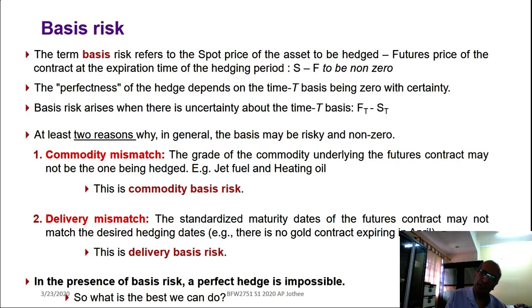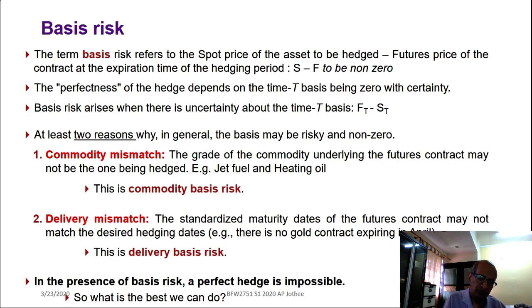Certainly, this is a commodity mismatch, like what I told you just now, using silver futures to buy and sell gold. Or sometimes for corn, you use wheat futures. That will create what we call commodity mismatch. That's the first reason why basis risk persists, and we call this commodity basis risk.